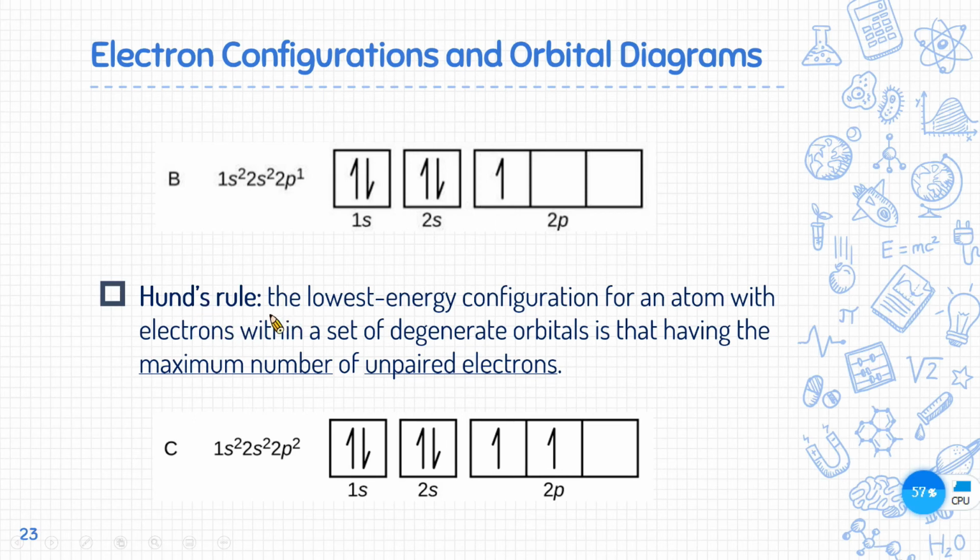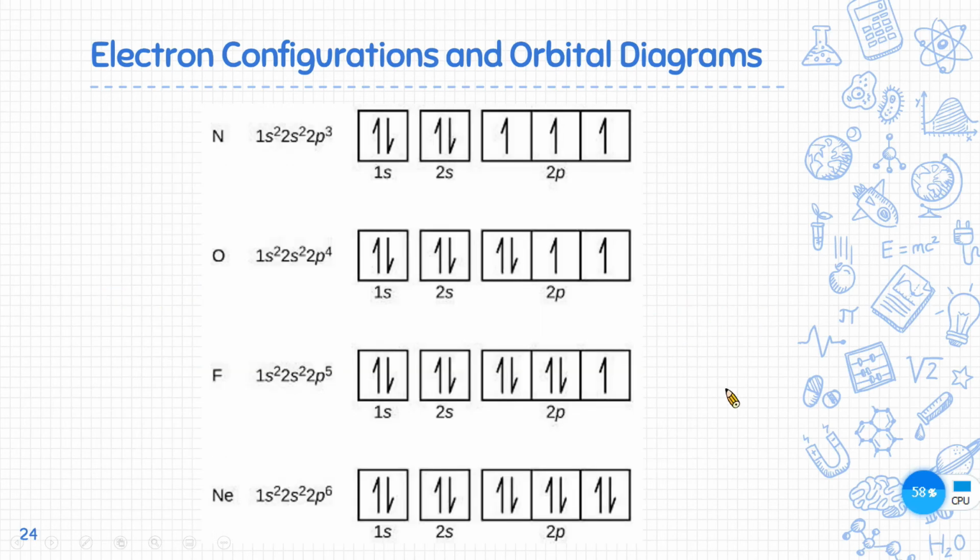What is Hund's rule? Hund's rule says the lowest energy configuration for an atom with electrons in a set of degenerate orbitals is that having the maximum number of unpaired electrons. For example, from boron to carbon, instead of putting the electron here, put the electron here, and put it unpaired first.